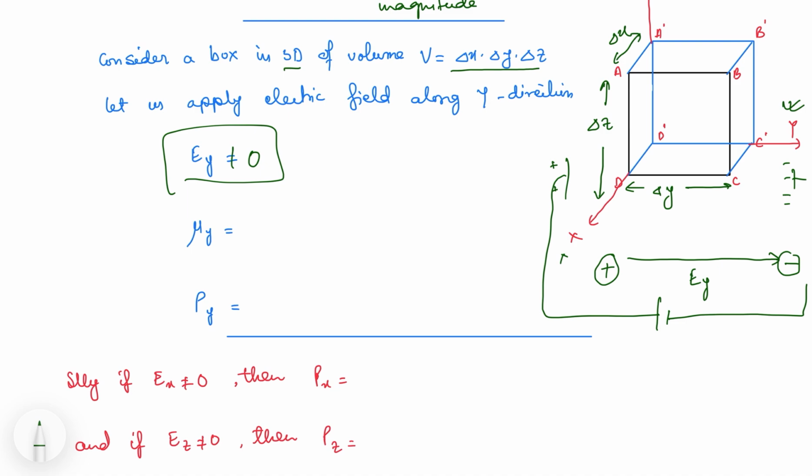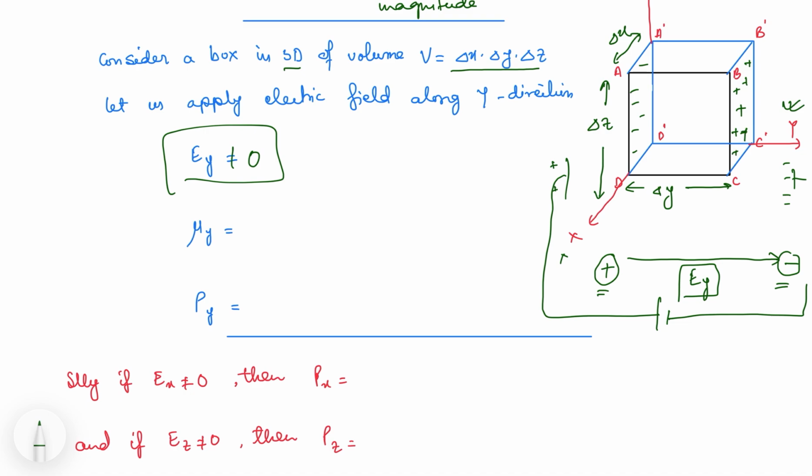Electrons will still revolve around the nucleus, but the centers of the nucleus and electron cloud will be separated. So one side will be positive and the other side negative because of the influence of this applied electric field Ey. The left side is positive, so the left face will become relatively negative because opposite charges attract. The right face will become positive. So there is a separation of positive and negative charge in the dielectric.